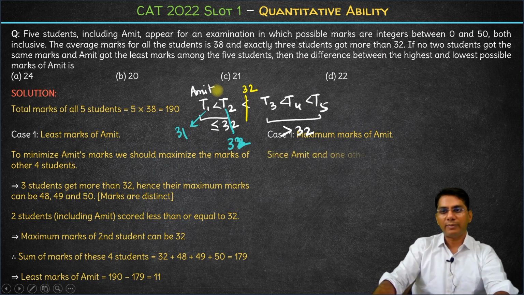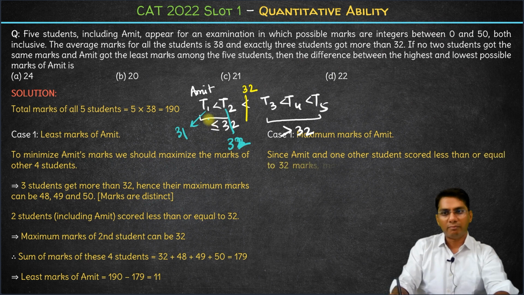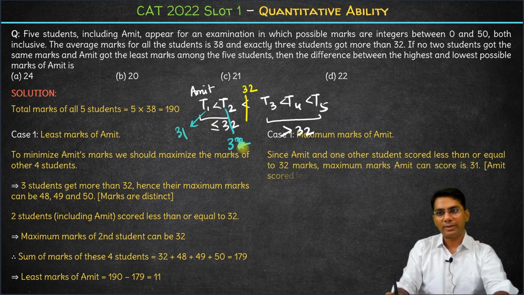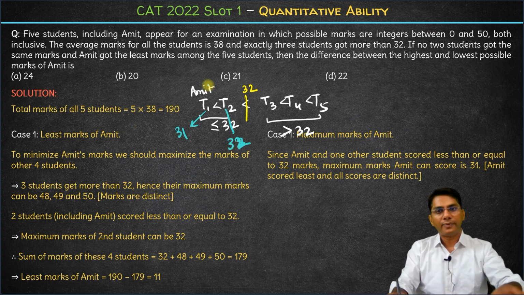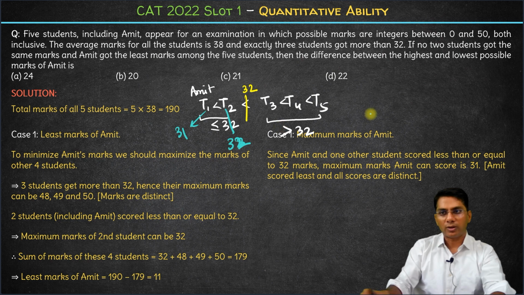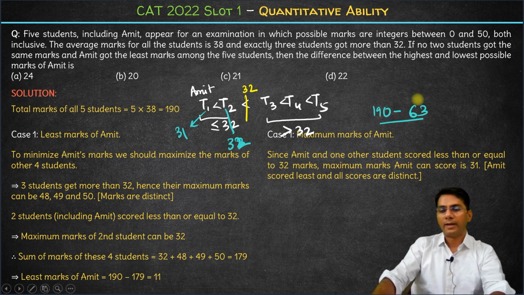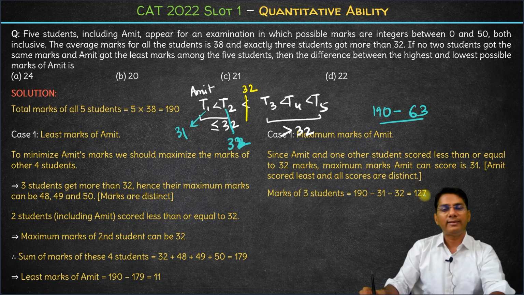The marks that Amit and the one other student get is 31 plus 32, so the total marks that they get is 63. So out of 190, they get a total of 63 marks, right? Now the remaining 3 students will get 127 marks.